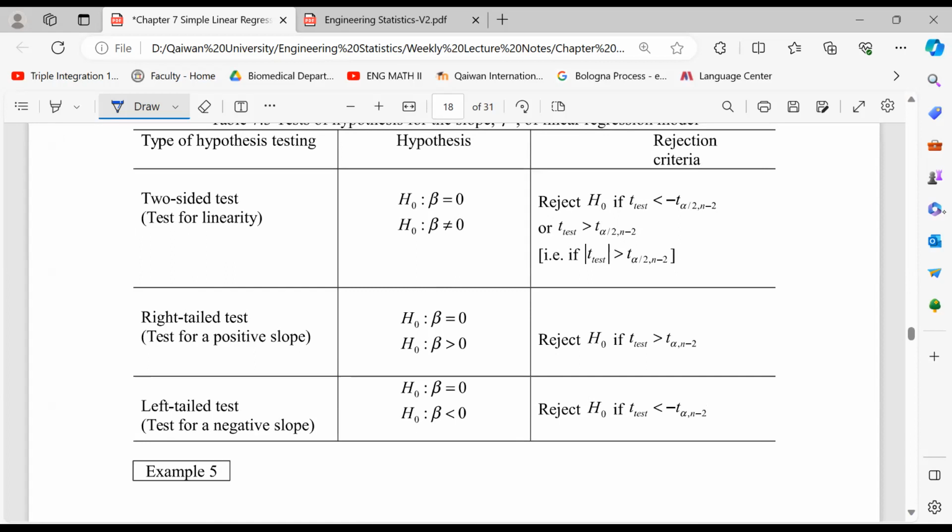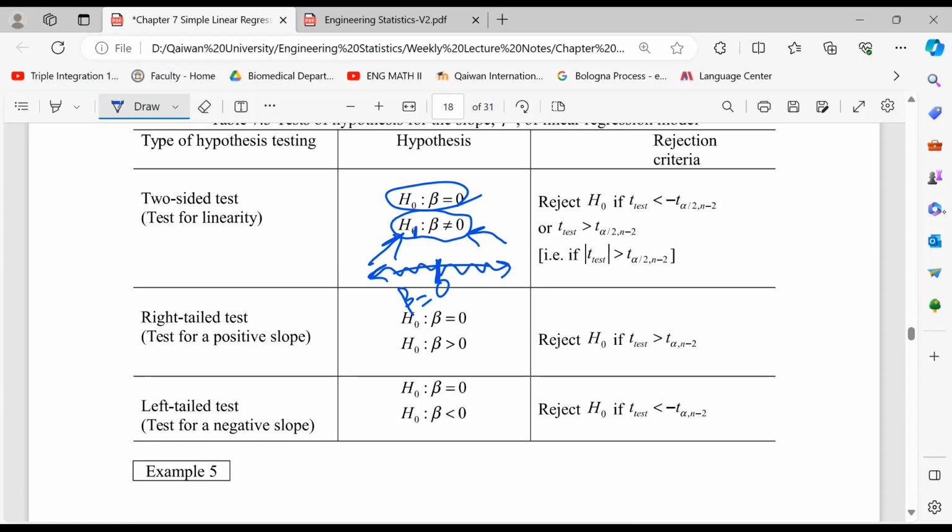Look, if we are given the question, is there any evidence for something to be zero, it means beta equals zero is the null hypothesis. And the alternative hypothesis, H1, is beta does not equal zero. This is called two-sided. A two-sided test means beta to be zero, versus what if beta doesn't equal zero? It means beta is positive or negative, on both sides.